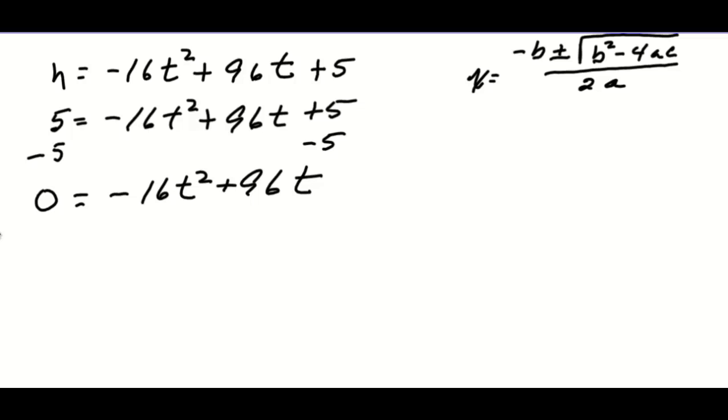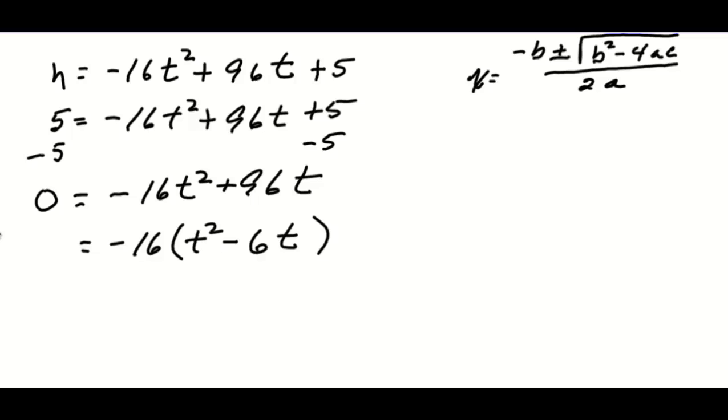Now, I can still solve that using the quadratic equation, but if I want to factor something out to make it a little simpler, if I factor out negative 16, what I get is t squared minus 6t.